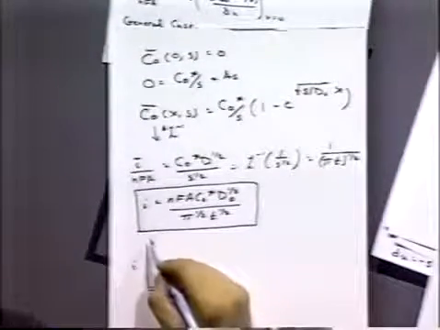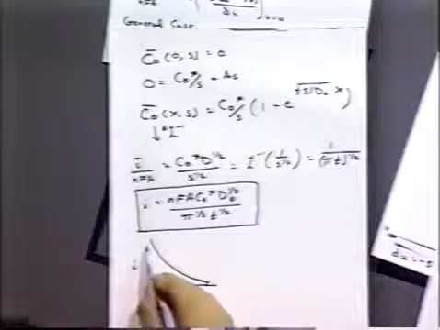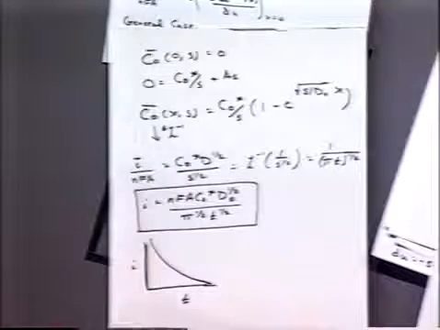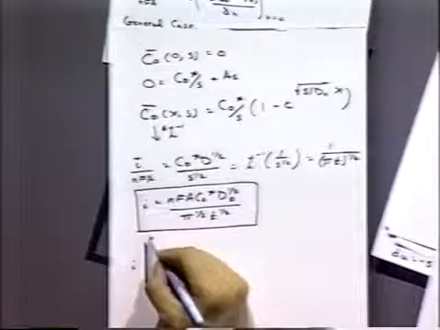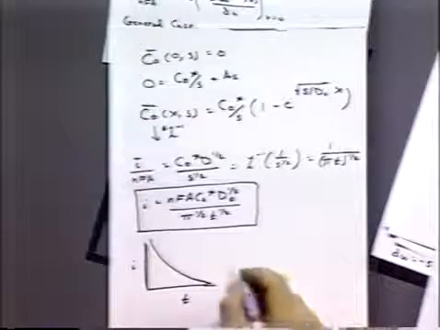If we draw roughly the form of the current-time relationship, we would see something like this. I'm not an expert at drawing t to the 1/2 curves, but you get the idea. We'd have some sort of nonlinear curve, and that, of course, would go essentially to infinity according to the graph.